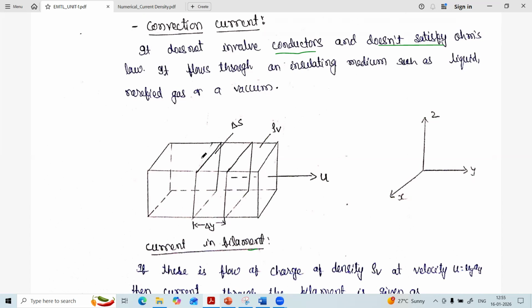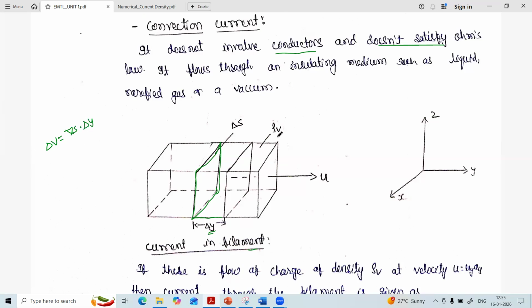In that cuboidal shape we consider a differential area, del S, and when it is multiplied with the differential length, del Y, it gives the differential volume del V equal to del S into del Y.